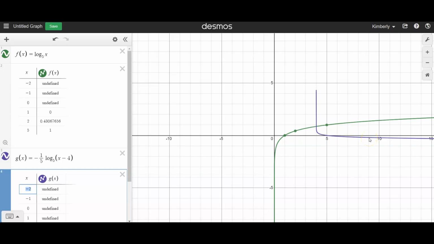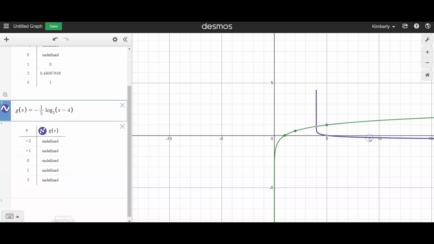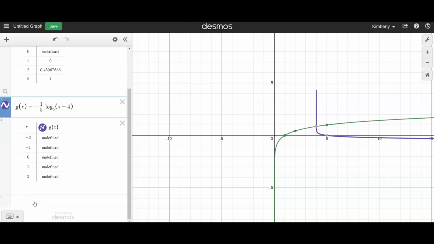So it would end up right there. That would be your point. So I think if we put in a 9 to that value, that'd be negative 1/5. So that's what we were talking about.